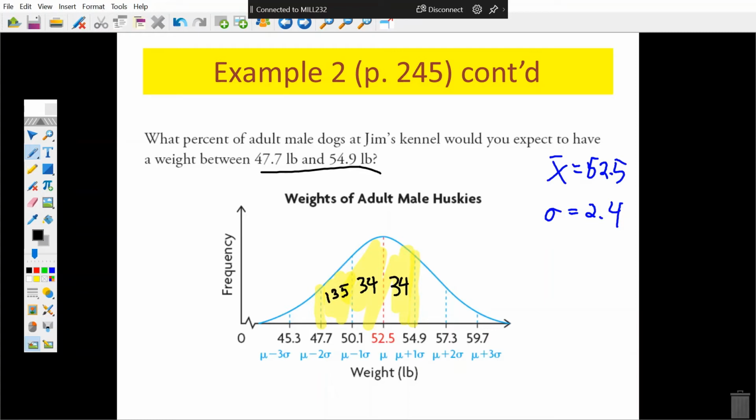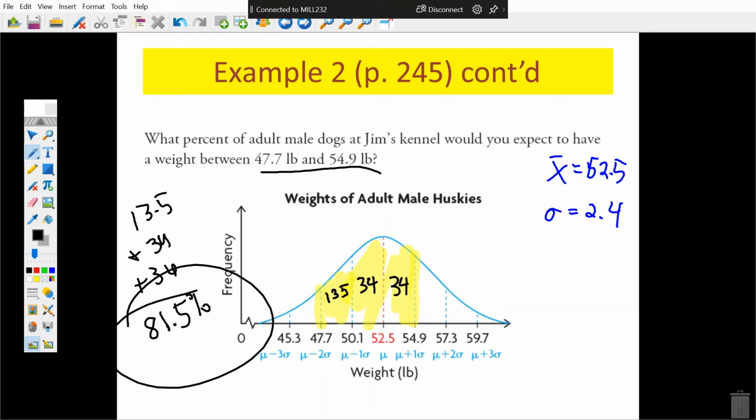Now, to figure out what percentage of dogs fall between 47.7 and 54.9, I just add these up. 13.5 plus 34 plus 34 is 81.5% is my answer. That's how many dogs fall between 47.7 and 54.9.